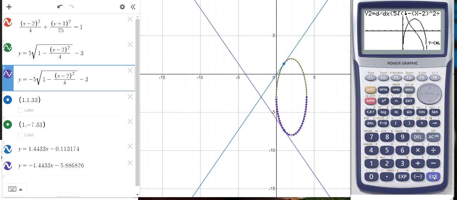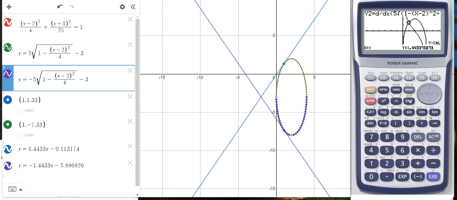So y2 is d by dx of the function, and x equals 1. The gradient when x equals 1 is 1.4433.